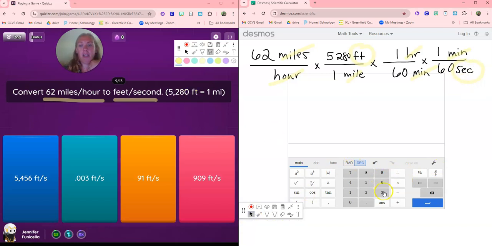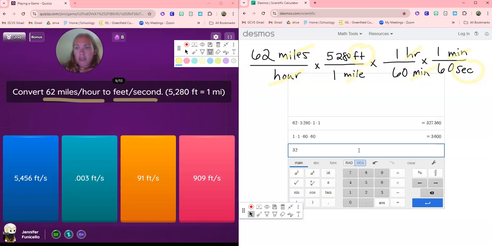So in our calculator, we're typing in 62 times 5,280 times 1 times 1. All those numbers in the numerator. In the denominator, we have 1 times 1 times 60 times 60.